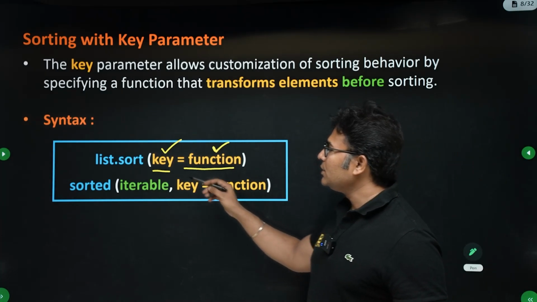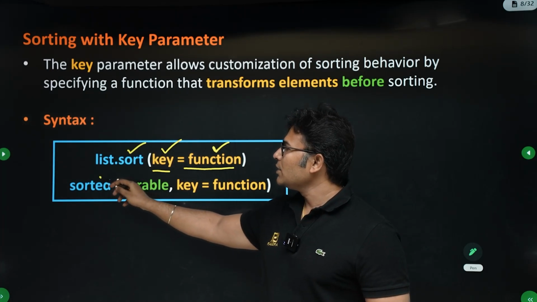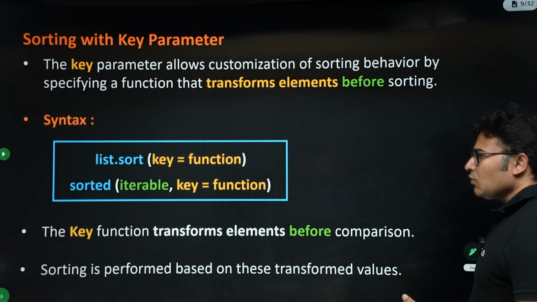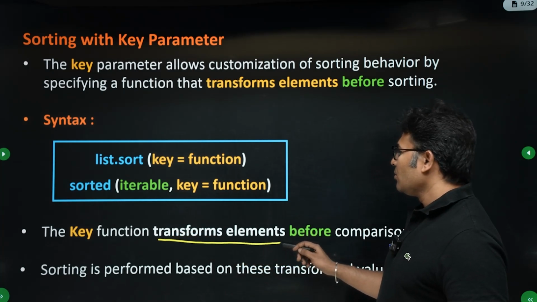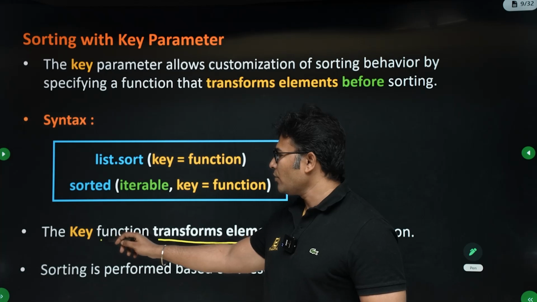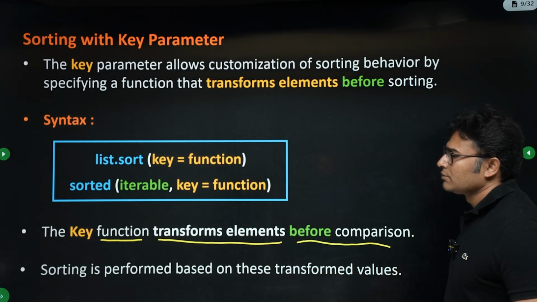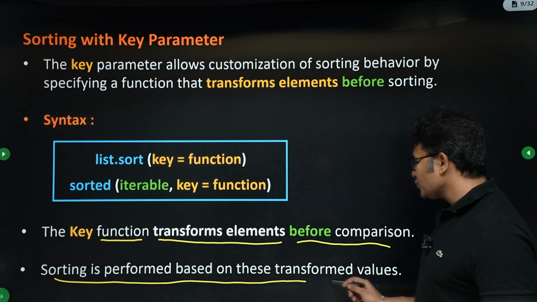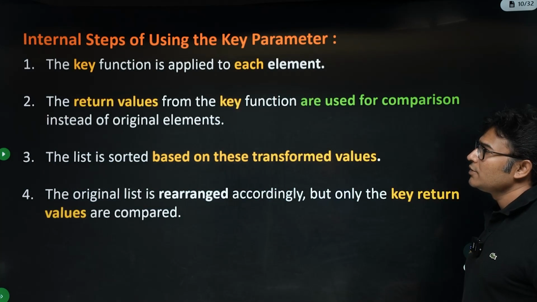You can use this key parameter either with list.sort or directly with sorted. You can use both of them. Now let us see what it does. Key transforms the elements by using the key function, whatever function you have provided, before comparison. Sorting is performed based on the transformed values, but the actual values in the list will stay as they are. I will show you with examples.